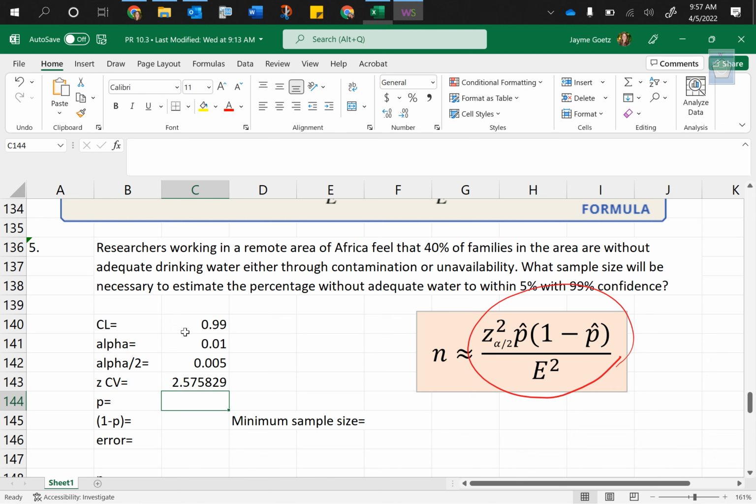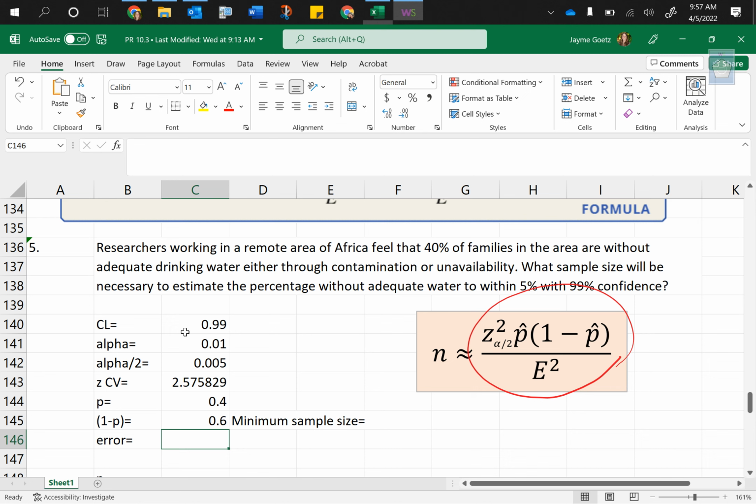Now my p hat, did they give me a population proportion estimate? Hmm. 40%. Researchers feel that 40% of families are without adequate drinking water, so that would be 0.4, which means my 1 minus p hat value is 0.6.